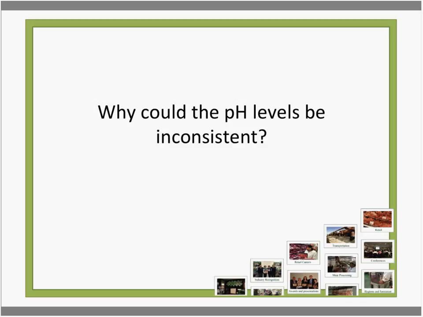So now these are my questions for you guys, because hopefully you've been paying attention as Rachel's been putting up different bits, and hopefully you've been paying attention to different areas of the presentation. I'd like you to provide me some answers. Would pH levels be inconsistent between animals in a herd?